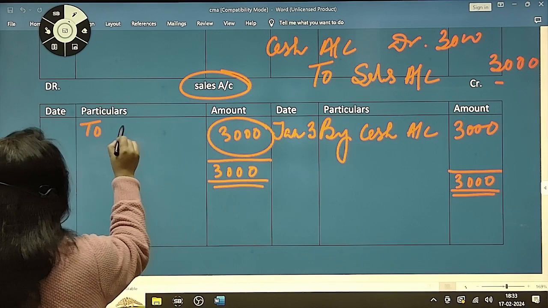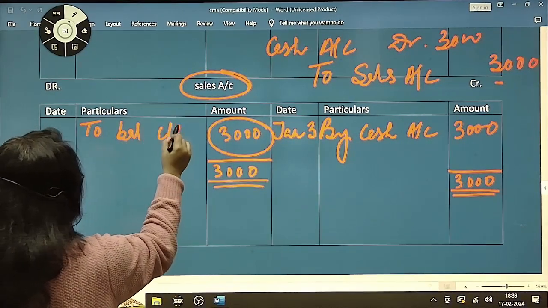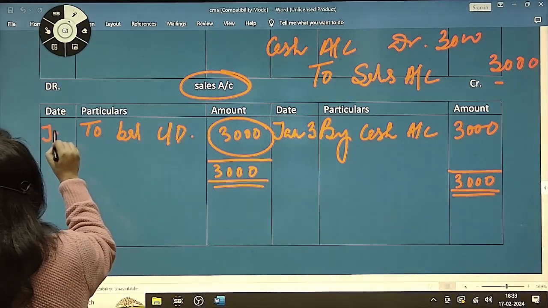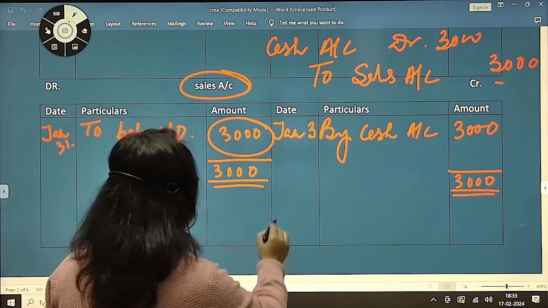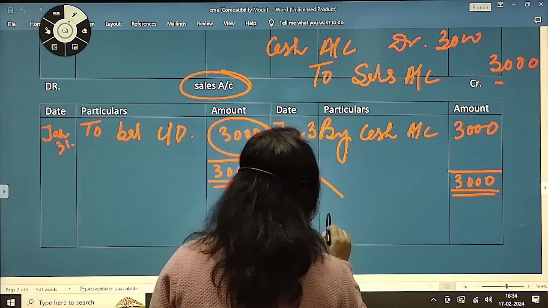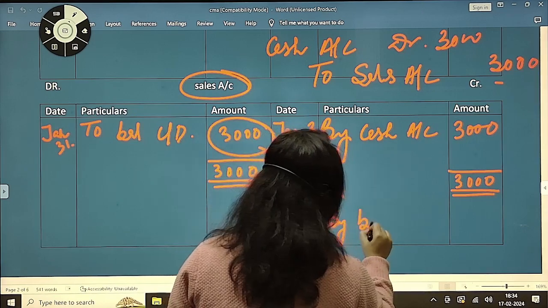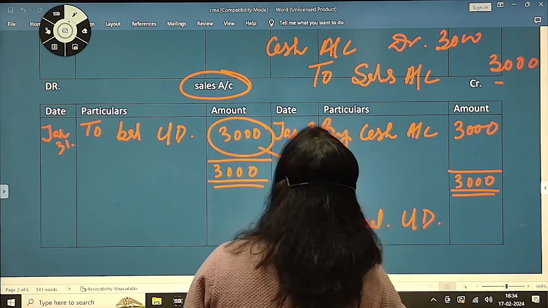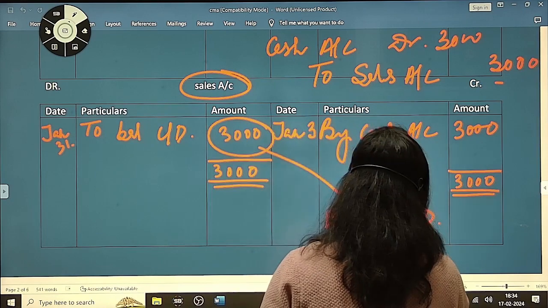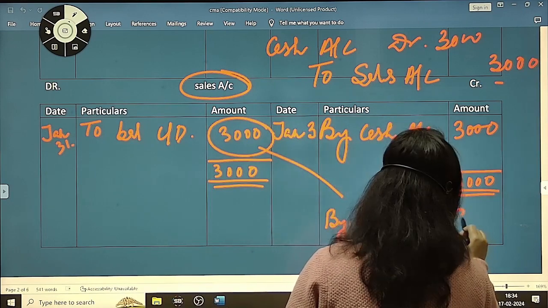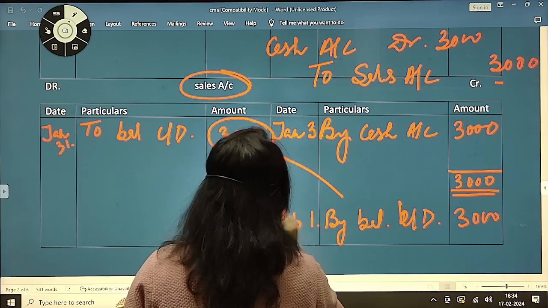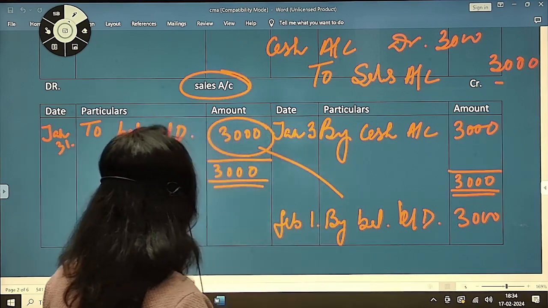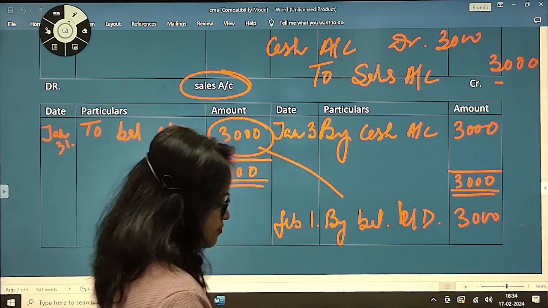So here we will write to balance CD, and this is your January 31. And this will go here by balance BD 3,000. This will be February 1. So that way we give ledger posting.